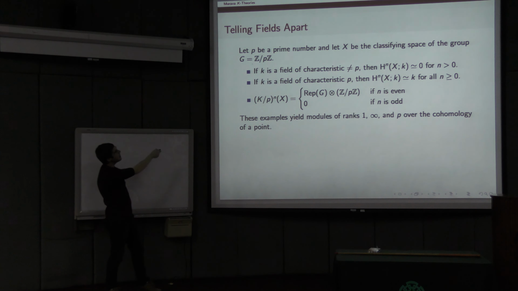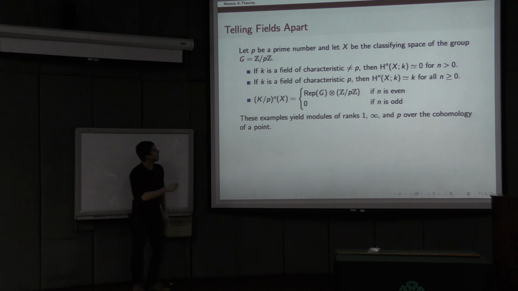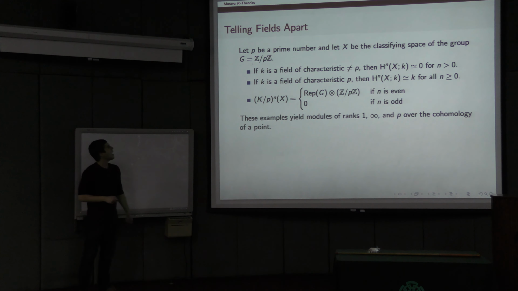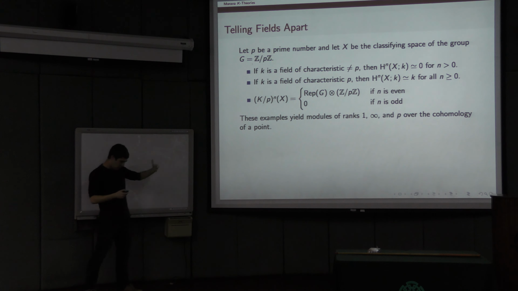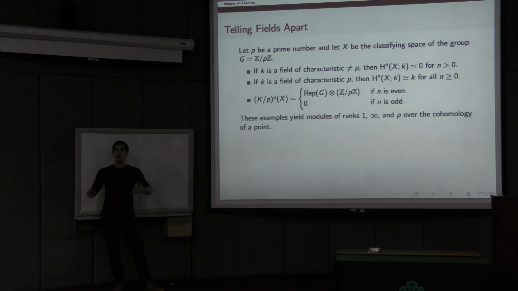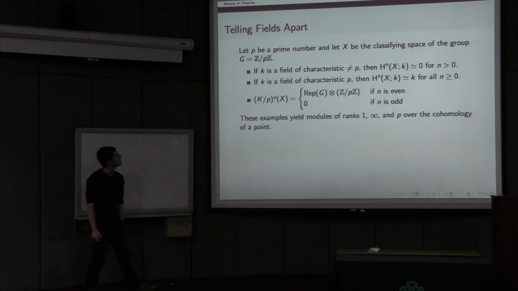So I want to contrast what's going on in these three situations. Note that in each case, we can view the cohomology of X as a module over the cohomology of a point. And we're in the situation where we're talking about cohomology theories that are cohomological fields, which means that all of these modules are free modules, and we can ask what their ranks are.